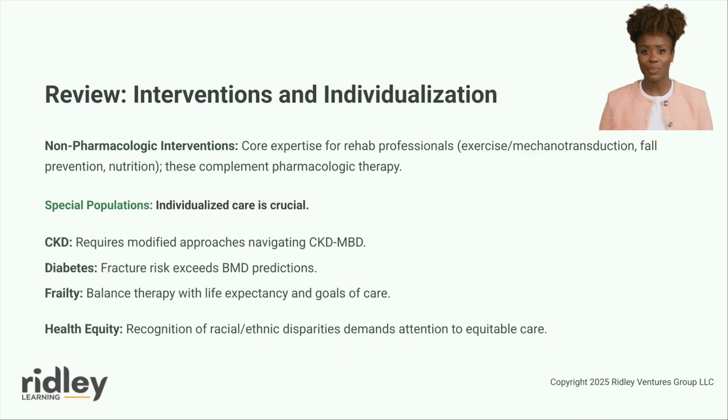Patients with diabetes experience fracture risk that exceeds what their BMD would predict, necessitating adjusted treatment thresholds. Frail patients benefit from continued pharmacologic therapy while requiring careful consideration of life expectancy, competing priorities, and goals of care. And the recognition of racial and ethnic disparities in osteoporosis care demands attention to healthcare equity and culturally appropriate patient engagement.